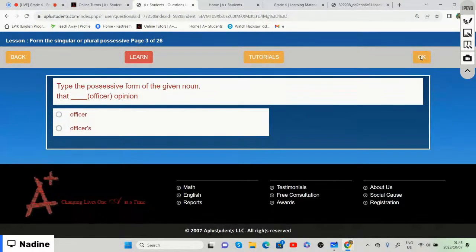That officer opinion, do we say that officer opinion? Does it stay the same? Or that officer's opinion? We need to show the possessive form.